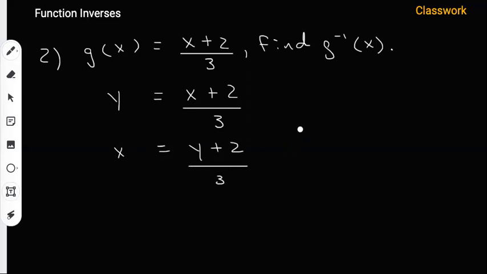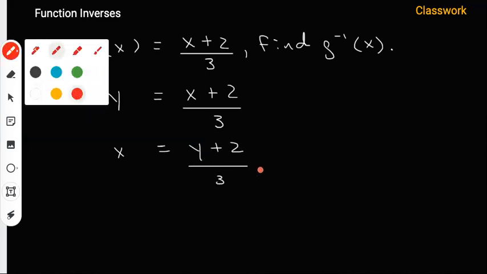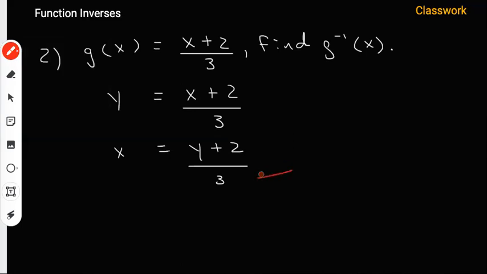So now what I need to do is I need to get y by itself. I need to solve for y, because if I could get y by itself on the right side, then I can figure out what the inverse is. So to get y by itself, I need to get rid of two things. I need to get rid of this 3 at the bottom, but I also need to get rid of this plus 2 on top. We're going to get rid of the 3 first.